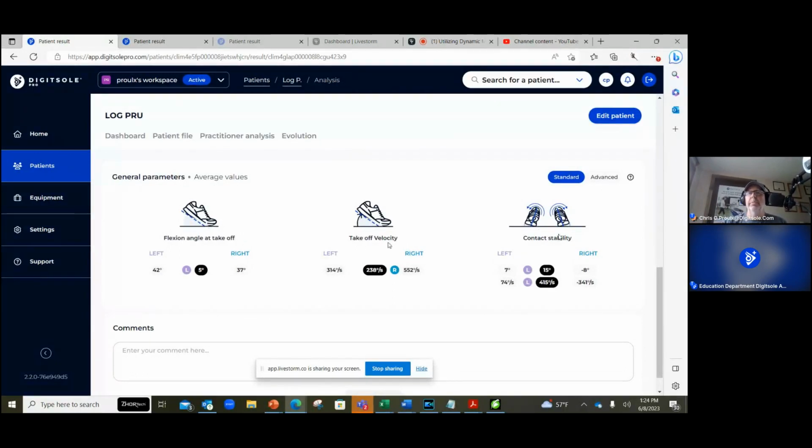And then contact stability. This is something that's quite new to a lot of people. What this means is within the first 250 milliseconds, so that's a quarter of a second, 0.25 seconds upon landing, we are measuring the amount of deviation and which direction it's going in.